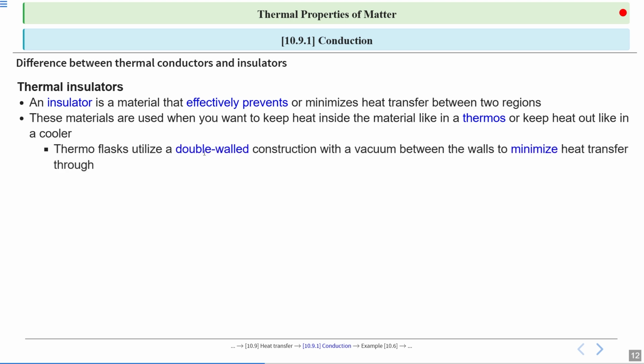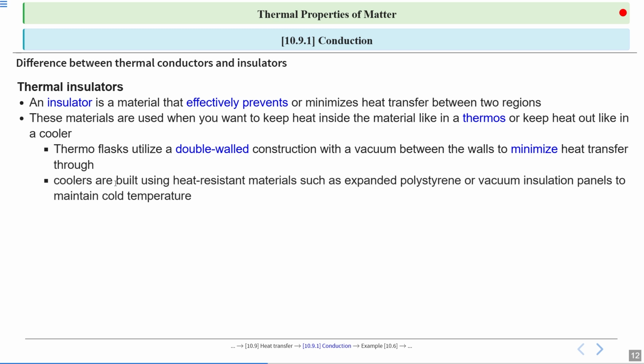Thermoses use a double-walled construction with a vacuum between the walls to minimize heat transfer. So we can say that through the insulator the transfer of heat is minimal because they resist heat transfer. Coolers are built using heat resistant materials such as expanded polystyrene or vacuum insulation panels to maintain cold temperature.